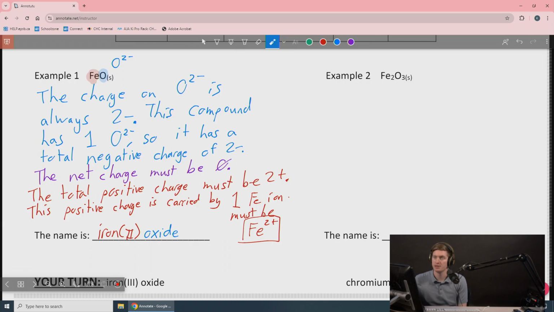There's another possibility here, because iron can have 2 charges, and it looks like this. If you were given this compound with no context, you're still going to start by figuring out what our negative charge is. Oxide always has the 2- charge.